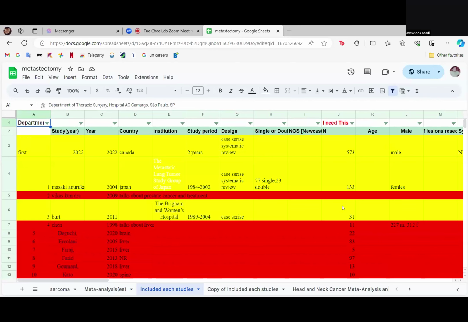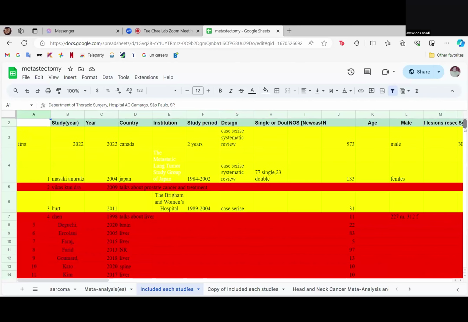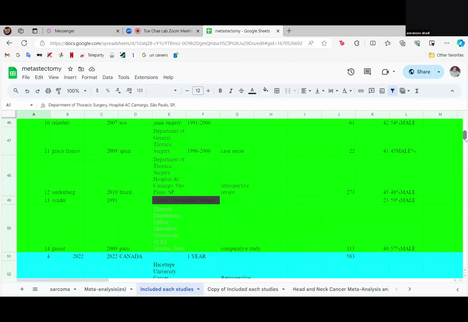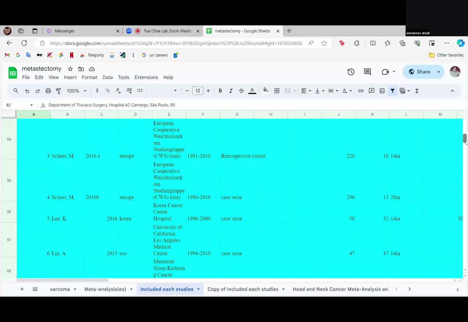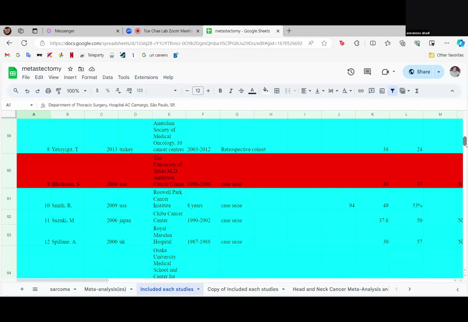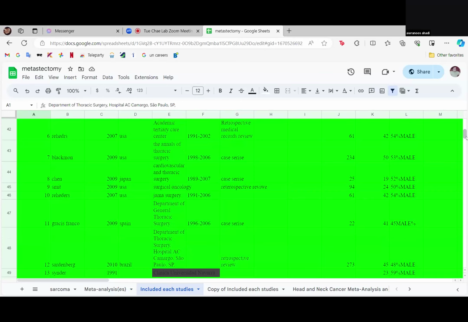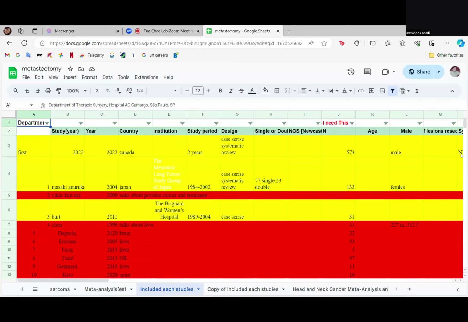This is the final sheet that I'm working on. I've extracted all the data, and we have written the abstract for the upcoming conference, and I think it was shared with you. That's the update from my side.